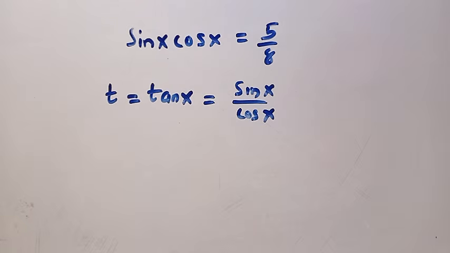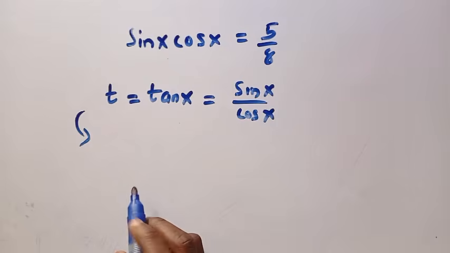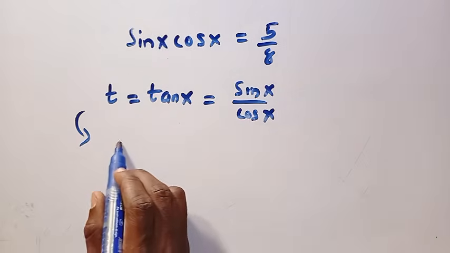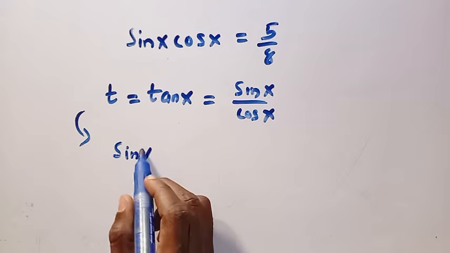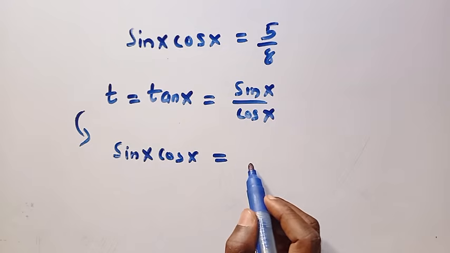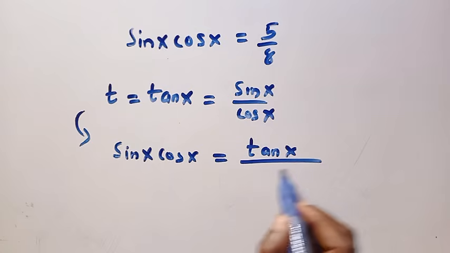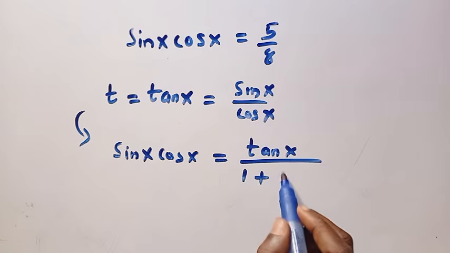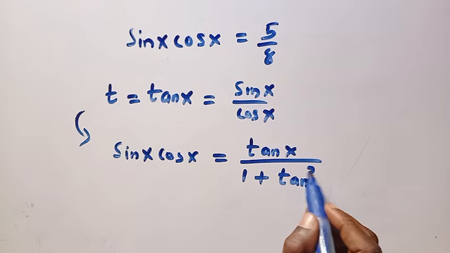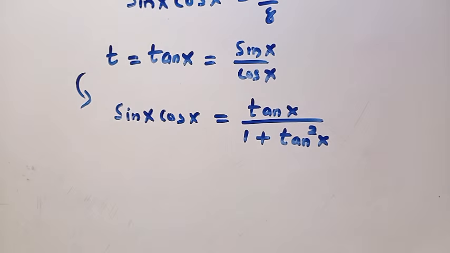So let's consider this identity and I'm going to show how we get it. If we have sine x multiplied by cos x, this gives us tan x over 1 plus tan squared x. But are these the same? Yes, they are the same.